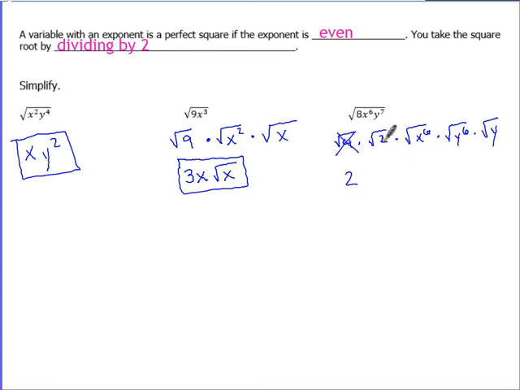The square root of 2 cannot be simplified. The square root of x to the 6th, remember all I'm going to do is divide this exponent by 2, so that would be x to the 3rd. The square root of y to the 6th is y to the 3rd. So what I have left over that cannot be simplified in my radical is 2y. And that would be my final answer.